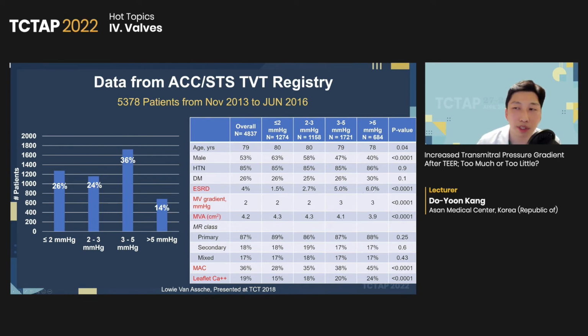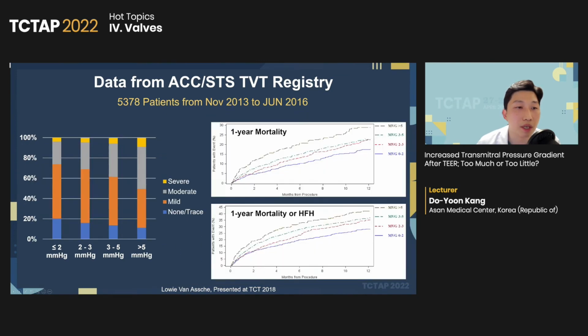And the patient with ESRD and higher baseline mitral valve gradient or smaller mitral valve area before procedure showed higher gradient. Also, the patient with the MAC or leaflet calcification was more frequent in the higher mitral pressure gradient patient.